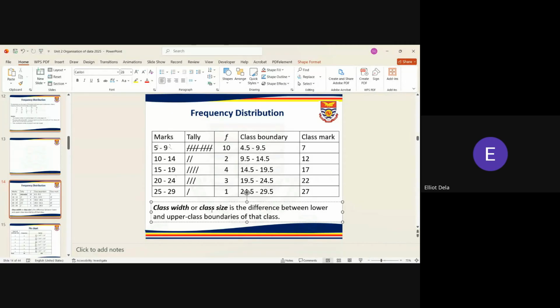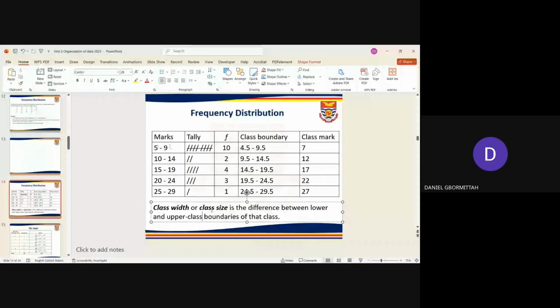That's how come we start from 5 and end at 9. And that is the inclusive class interval, isn't it? Yes, sir. Okay. So I think it's okay now.